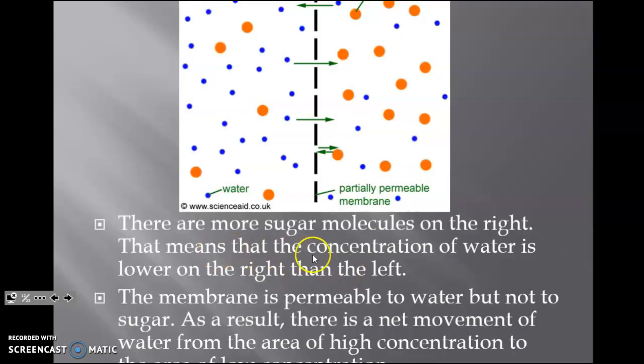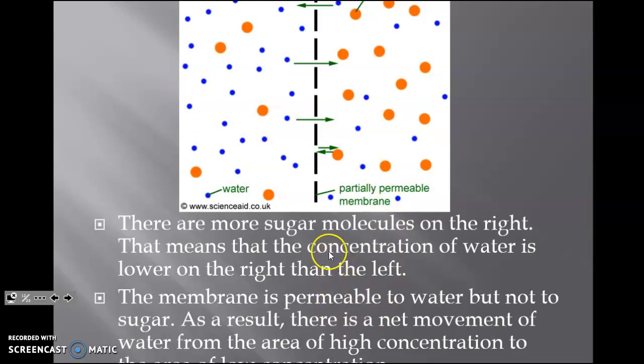So in this example here, the blue is water and the orange is sugar. So you've got a bunch of water over here, not so much water over here. A little bit of sugar over here, more sugar on the right. So if you're talking about osmosis, this is a partially permeable membrane, which means it can allow some things to go through and some not. So the water concentration is higher on the left than on the right, so the water is going to naturally flow to the right.